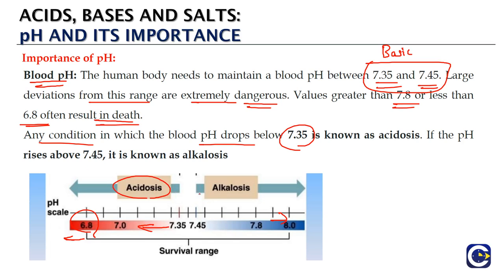And if the pH is rising above 7.45, we call it alkalosis. It means it is becoming acidic, that's why we call the previous case acidosis, and it is becoming basic, that's why we call it alkalosis. And the corrective measure has to be taken so that the pH will be brought back into the survival range, which is 7.35 to 7.45. So the pH value being in that particular range is vital for the blood to have its basic properties.